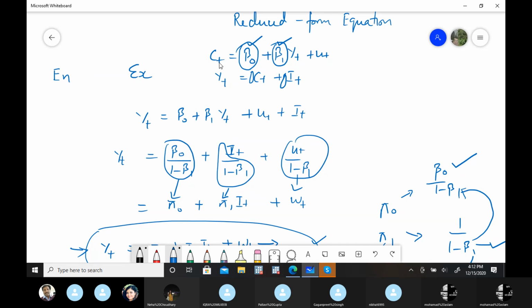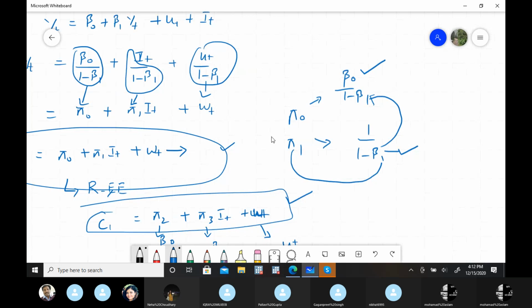Now results are not biased nor inconsistent. So with the reduced form of equations you will get that. But many times this unique solution is not possible. That's the next problem, Pallavi. This is a very simple case, where after running this regression, we will get these two values, pi 0 and pi 1.